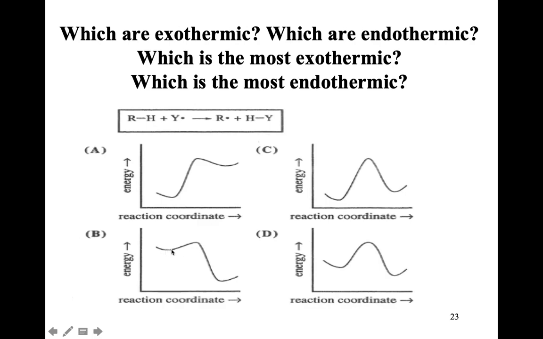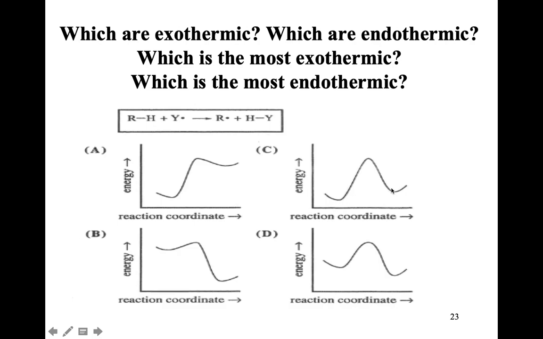B, this one, energy going downhill. That's exo. This one, bigger hump, but wait, we're still going uphill. So this one is endo, even though it has a big hump. This height difference from the start to the finish is what you're looking for.